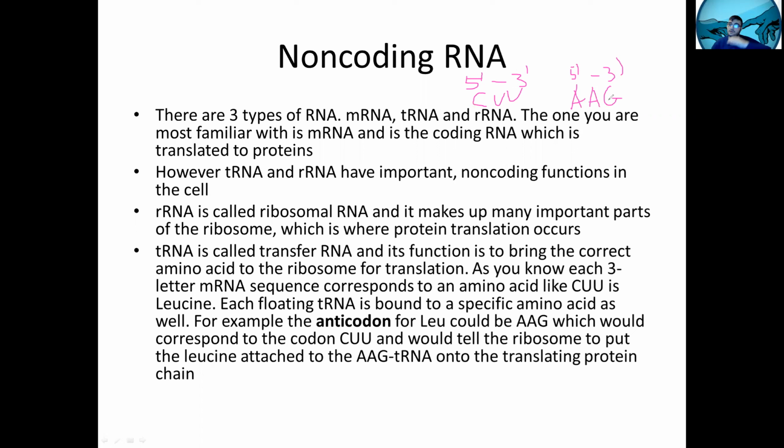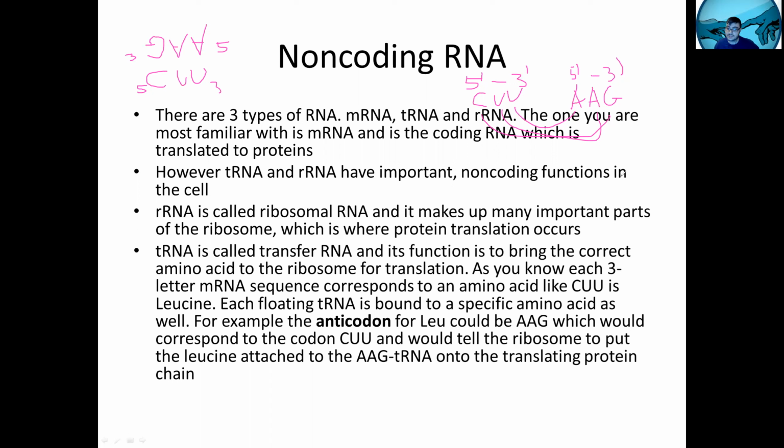And this is because they're anti-complementary, so the G and the C, the A and the U, and the A and the U, right? So if you want to see it this way, 5', 3', 5', 3'. So the anticodon for CUU would be AAG.